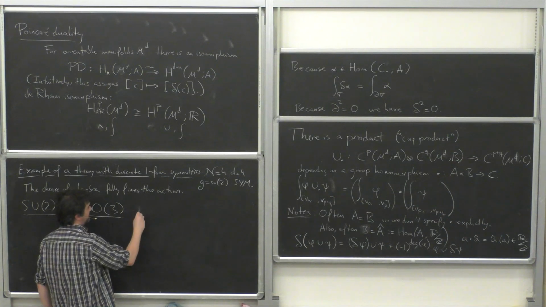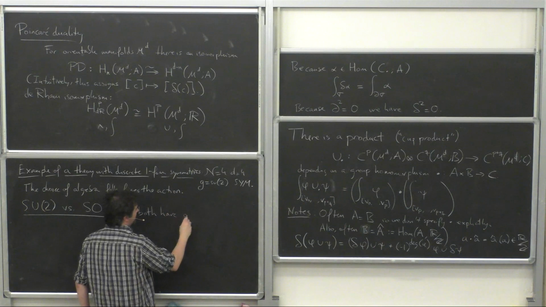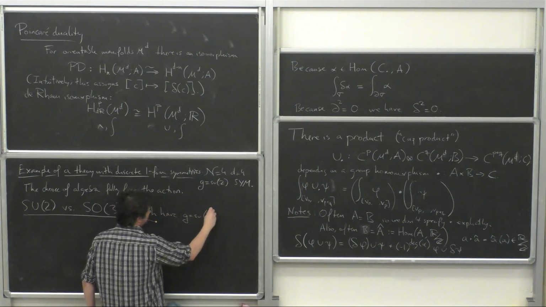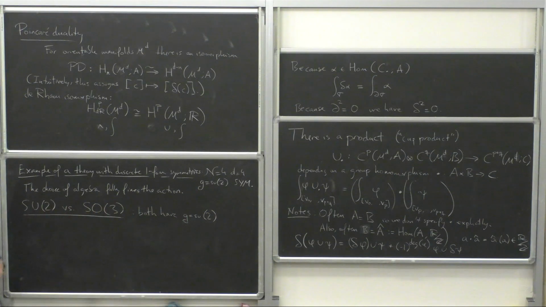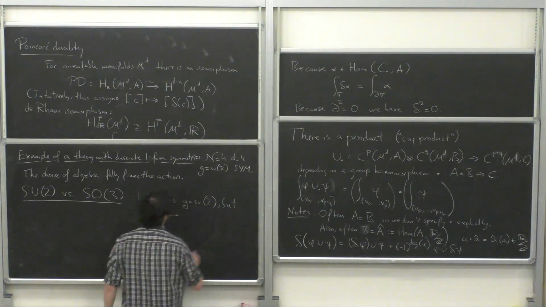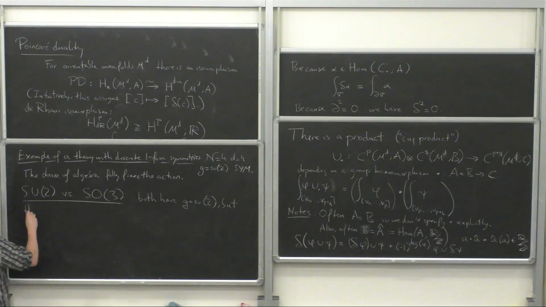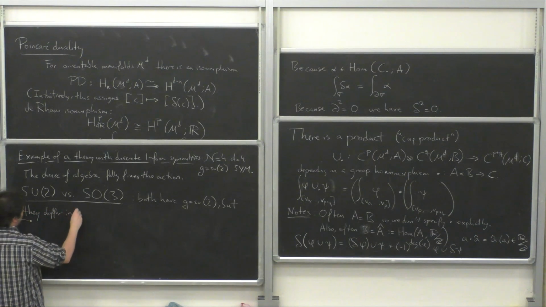So both have g equal to little su(2). My convention is that small means algebra, big means group. So they have the same algebra, but they differ in the representation theory.